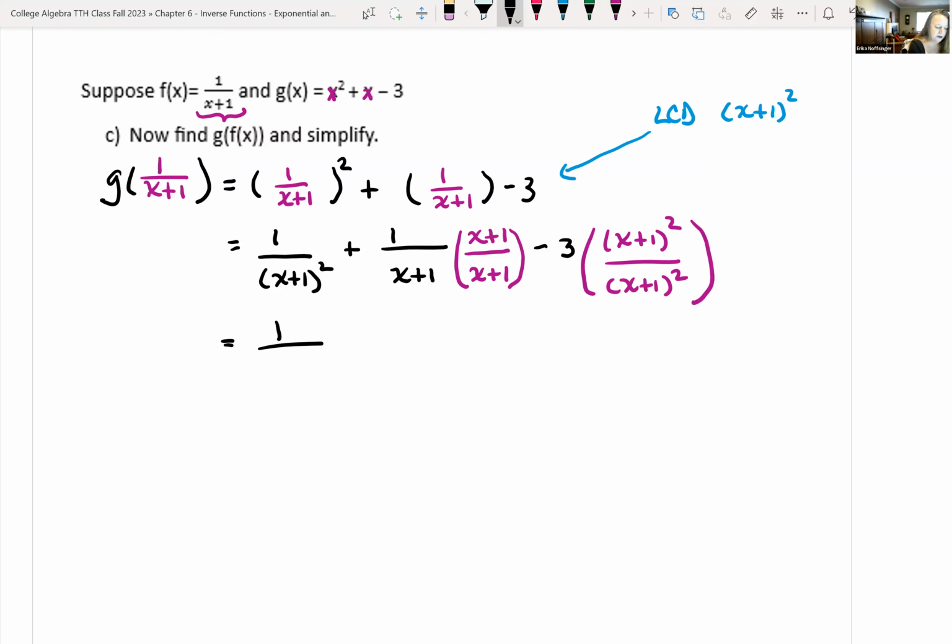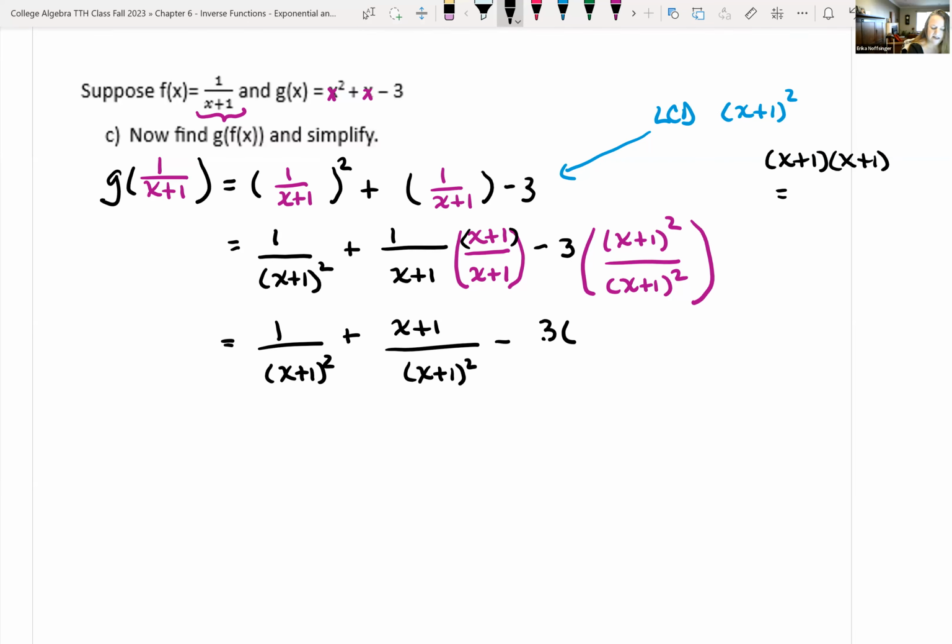So we have 1 all over x plus 1 quantity squared, plus 1 times this x plus 1 here, which is just x plus 1 all over x plus 1 quantity squared, minus 3 all times, well, let's look at x plus 1 times x plus 1.